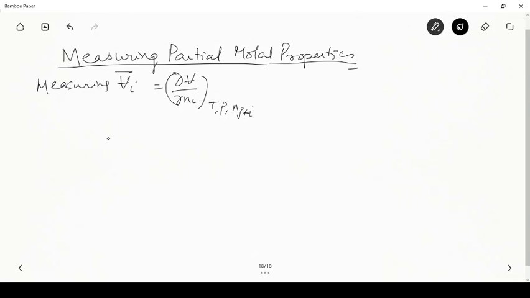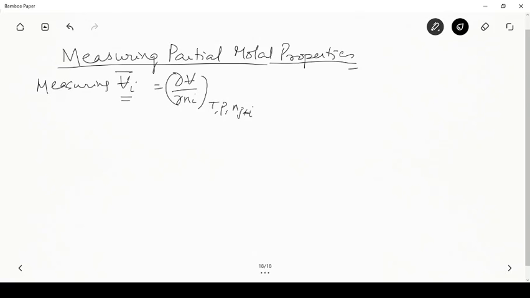Then we basically measure the volume, capital V, by changing the number of moles. You keep a mixture. I know the number of moles of each of the constituents that I have mixed in that mixture. So I know the composition of the mixture.